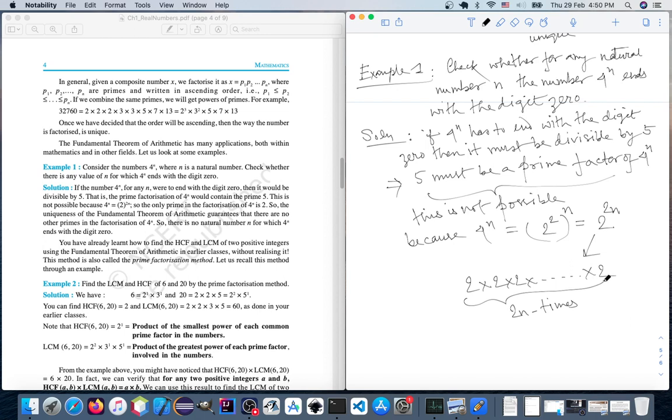So definitely, we have proved that 4 to the power n will never have the last digit 0, because 4 to the power n will never have 5 as a prime factor. This essentially means that there exists no such n for which 4 to the power n will have last digit 0.